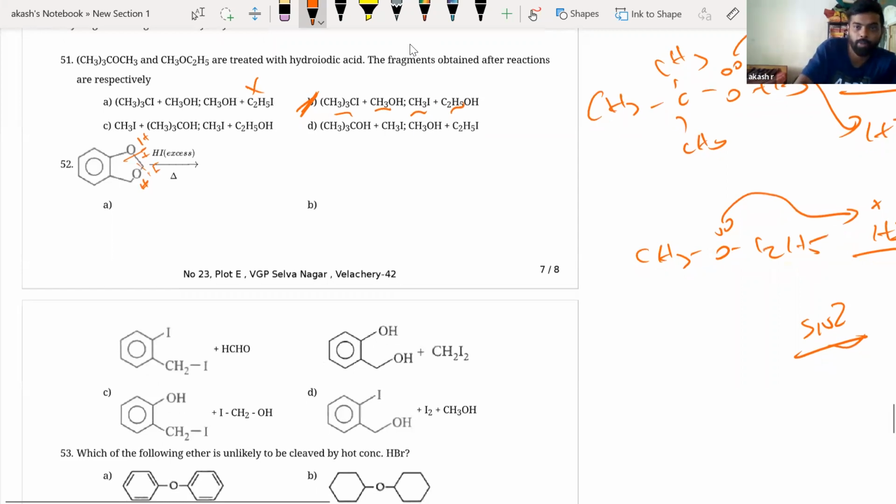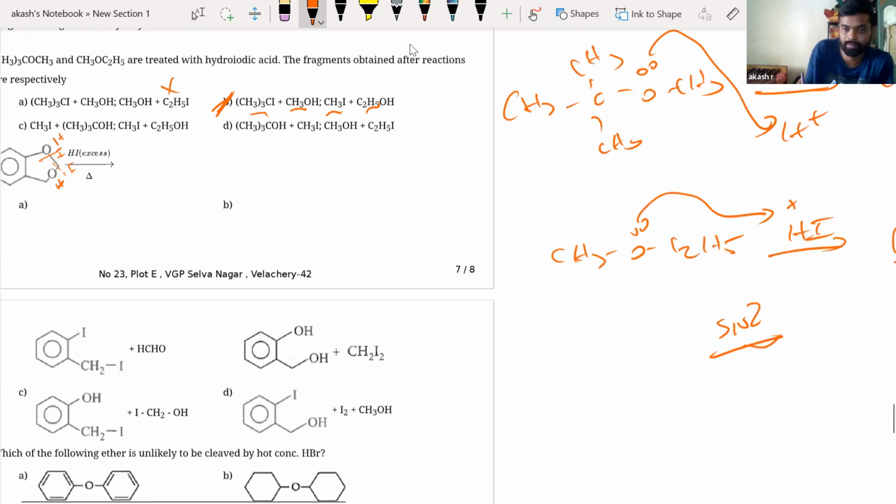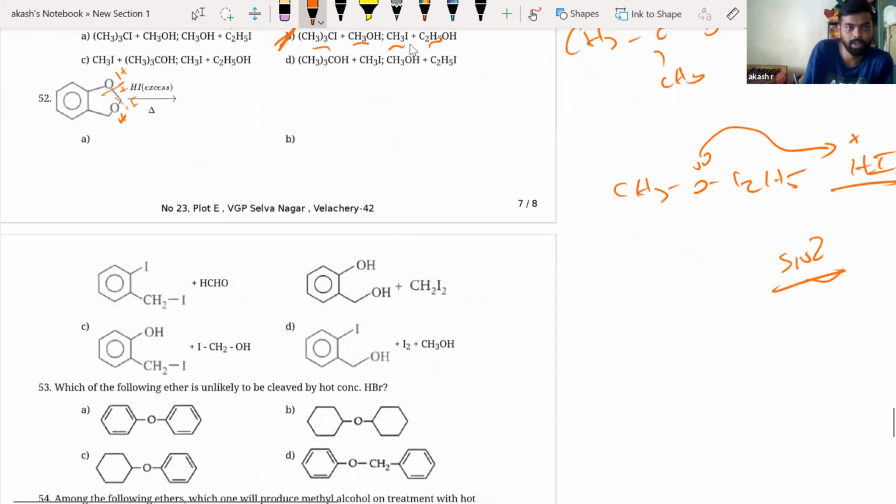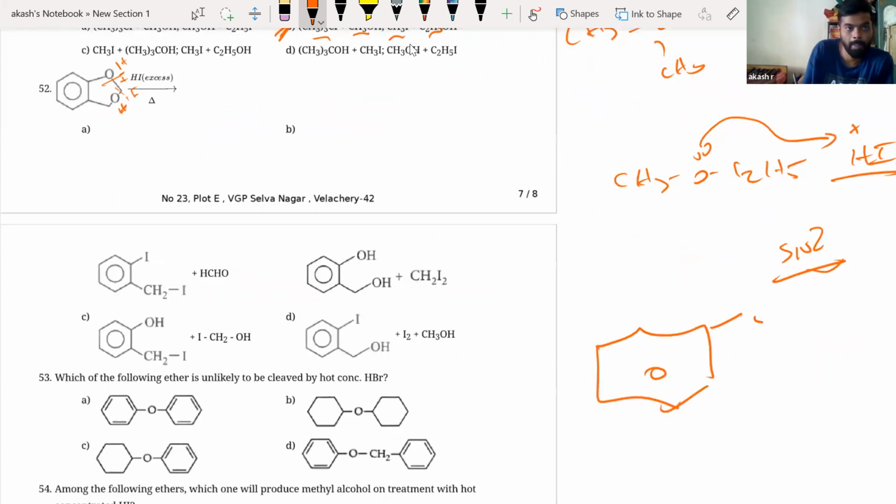Let me write the compound properly. Benzene ring with one oxygen, another oxygen. Okay, this is what I have. So if I break this, I have to put H here and I here. And if this is not directly attached, then my structure is wrong.